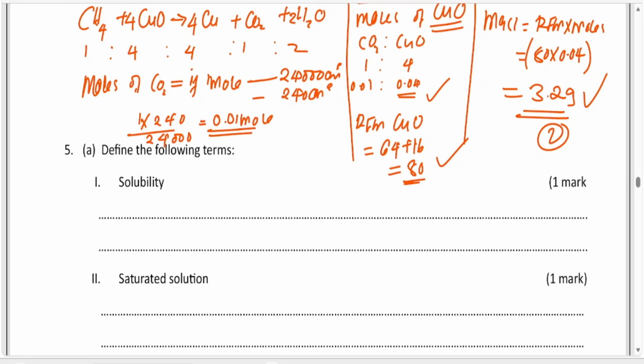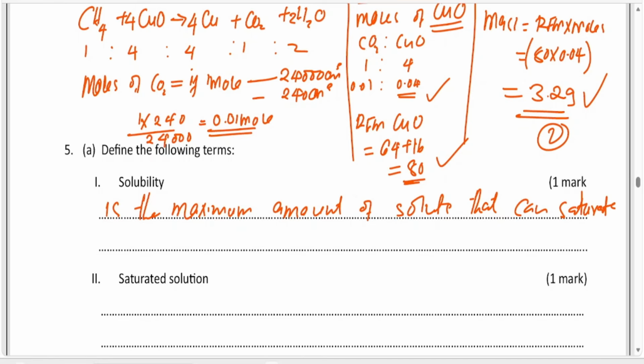Solubility is the maximum amount of solute that can saturate 100 grams of solvent, in this case water, at a given temperature. That is the definition of solubility.